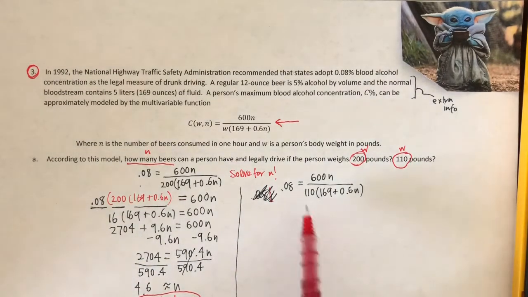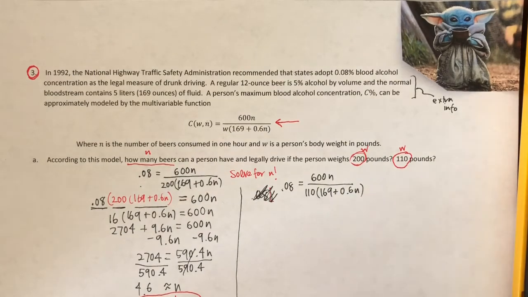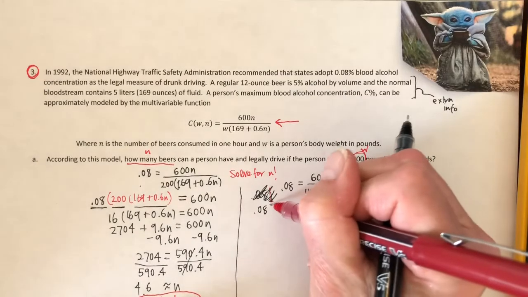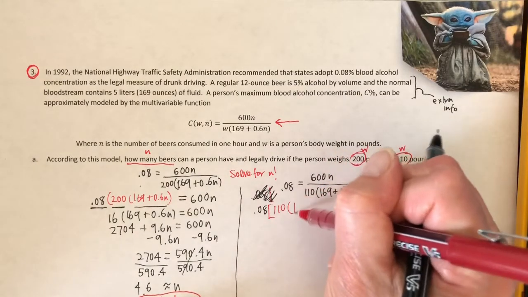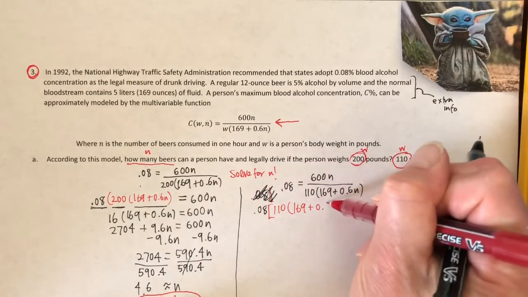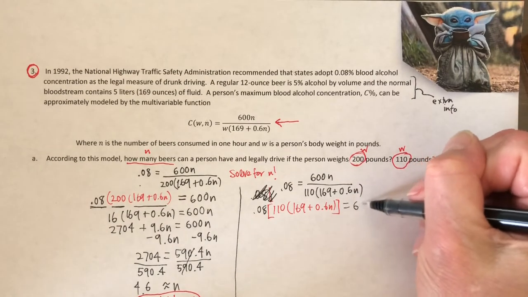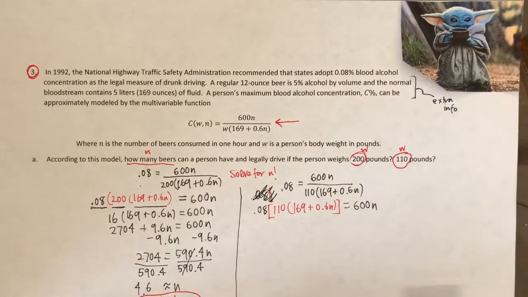We'll multiply both sides by this denominator. And so on the left side we get 0.08 times 110 times 169 plus 0.6 N equals 600 N. We essentially multiplied the left side by that big denominator and the right side by this big denominator, and it canceled on the right side.